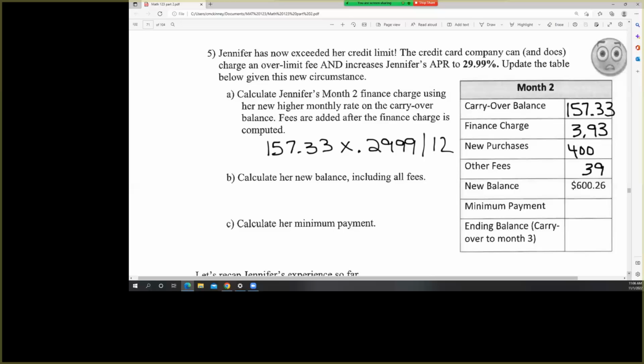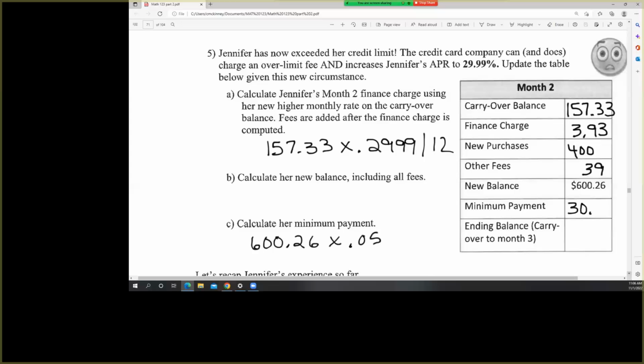So her minimum payment, 5%. So I need to do $600.26 times 0.05. $30. $30.01.